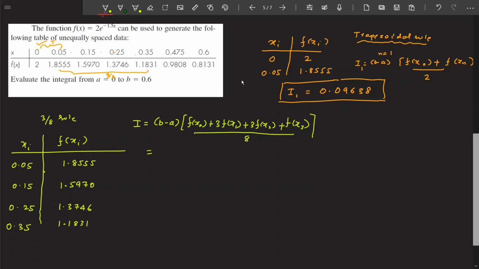So when you substitute these values of fx 1, 2, 3, okay, so this is x0, x1, you'll find out that the value of I, let us call this I2, that you're getting is 0.044882.